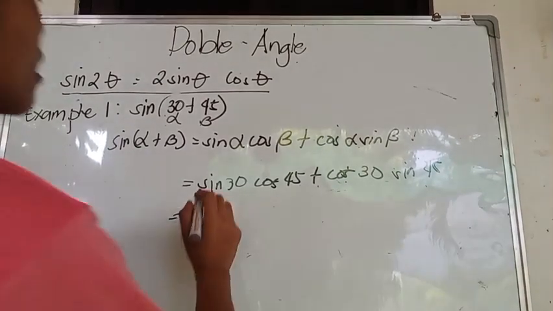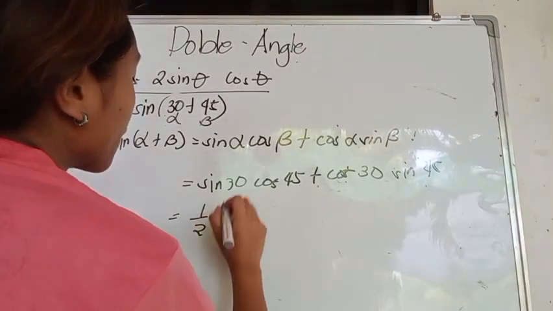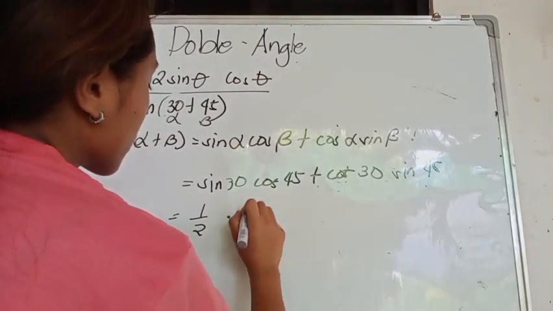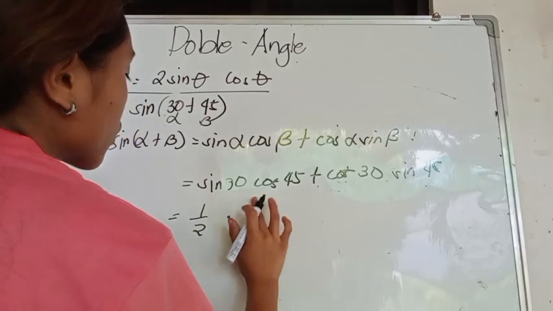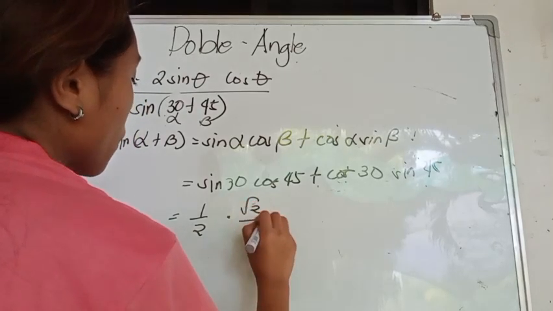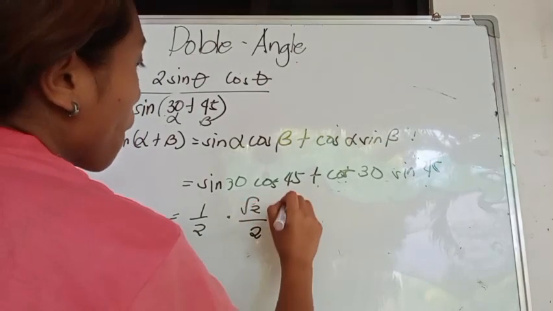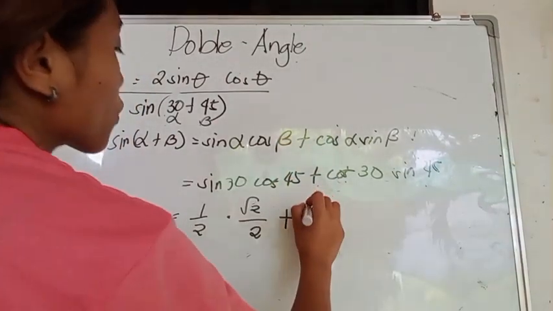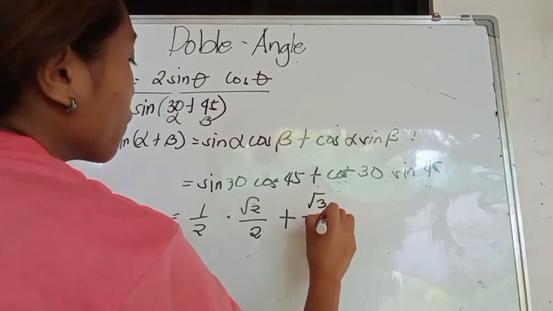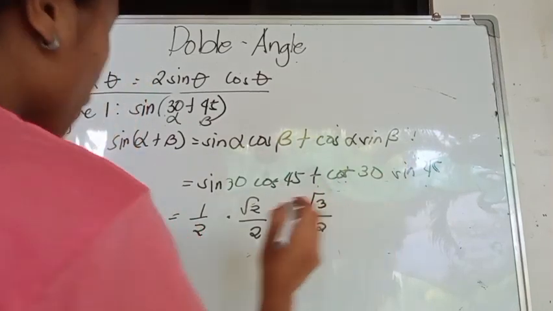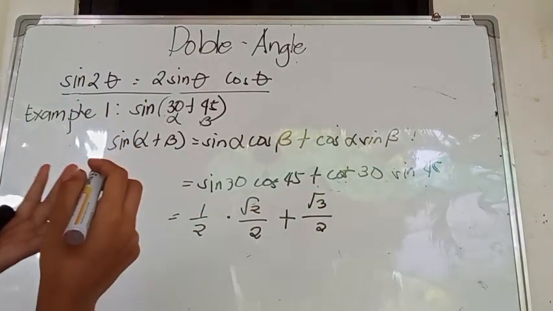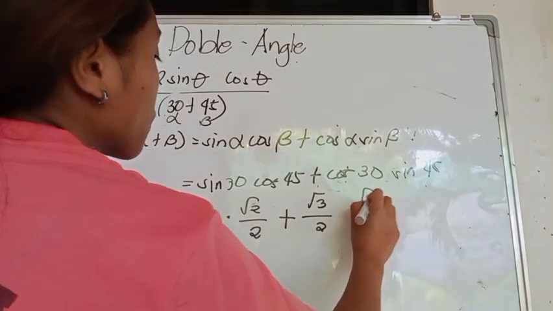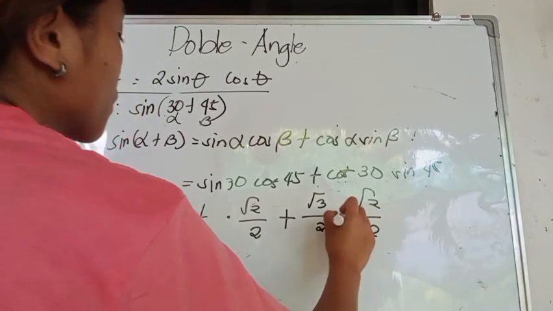The sine 30 is 1/2 times the cos 45, which is square root of 2 over 2, plus cos 30, which is square root of 3 over 2, times sine 45, which is square root of 2 over 2.